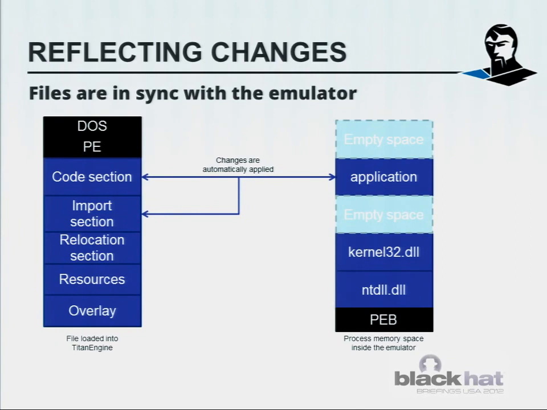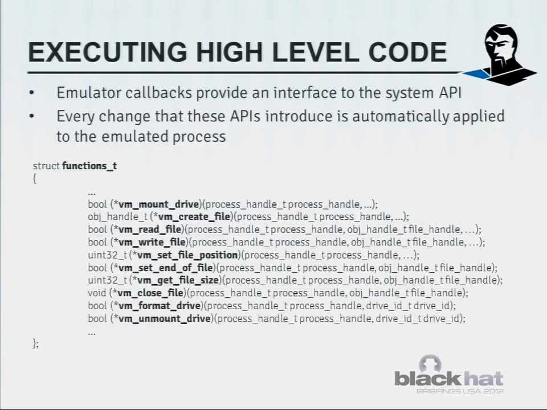And that's fine because viruses cannot escape from the emulated environment because the files they're infecting are still in memory. They don't exist for real until you decide to save them. And you can decide to save them at any given point. So everything that happens in the emulator reflects the file you're currently working on, and that is something we will be using to this effect the next virus.